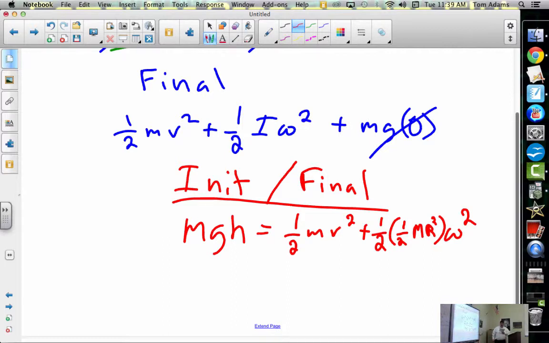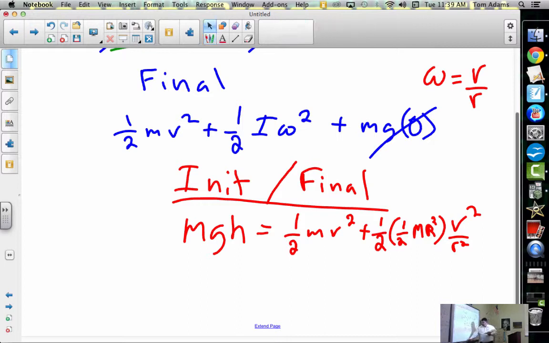So we've got to do a lot of work to clean that up. Now, one thing that I can do is remember that the angular velocity is equal to V divided by R. So I could switch this in terms of the tangential velocity: angular velocity is really the tangential velocity over R, but we square it, so it's V squared over R squared. Okay? And so when I write it that way, guess what happens to the radiuses? They cancel. Okay?